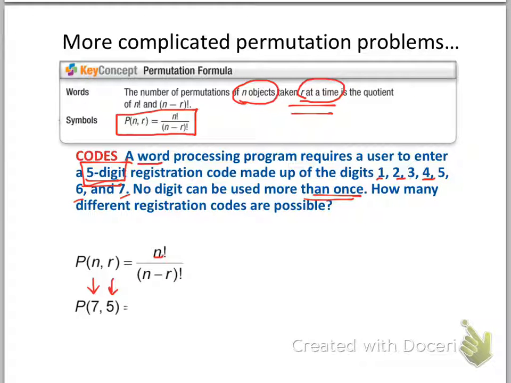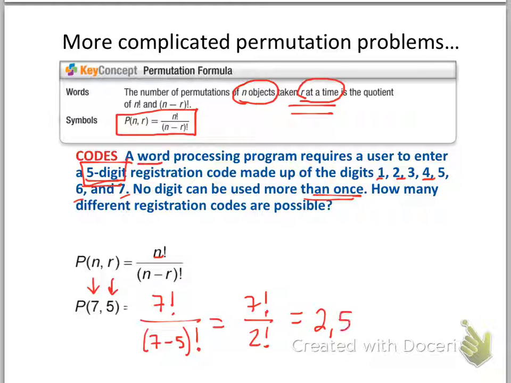So instead of N, I write 7 factorial. And then on the bottom, I'm doing 7 minus 5 factorial. So that's 7 factorial divided by 2 factorial. And then we just have to put that in our calculator and find out what the math is. The answer is 2,520 different codes that we can do.